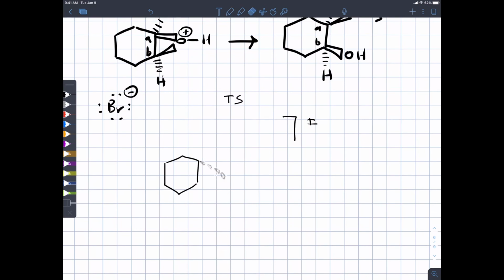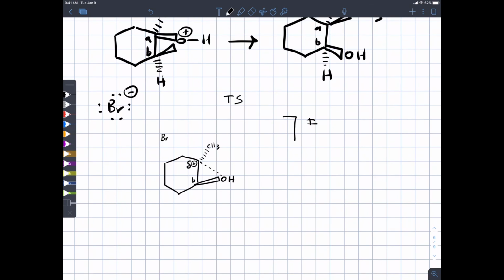You can imagine a transition state for this reaction in which the OH has already begun to leave and is mostly gone. That would leave a buildup of partial positive charge on carbon A. But at the same time, the nucleophile has started to come in, but isn't totally there yet.